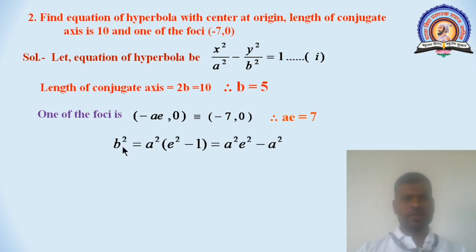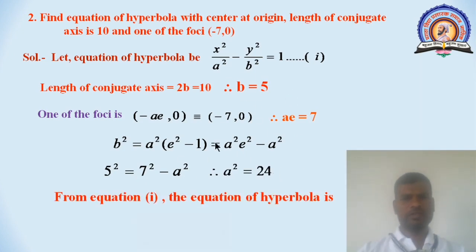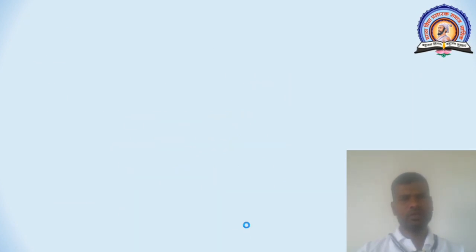Putting the values of b and ae, we will get 5 square is 7 square minus a square, therefore a square is equal to 24. Now b square is equal to 25, a square is equal to 24, put in equation 1. We will get equation of hyperbola is x square upon 24 minus y square upon 25 is equal to 1.